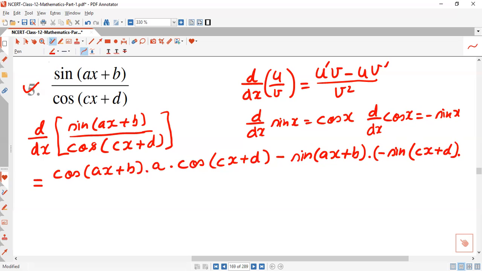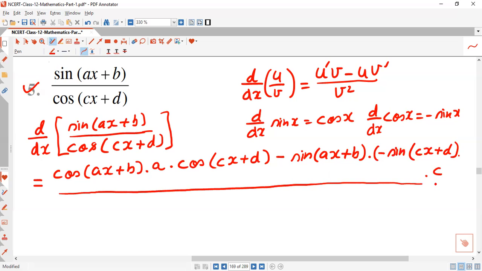And since it is not completed because it is cx + d, it is further differentiated and we are getting into c, whole divided by v square. V square is here cos square(cx + d).